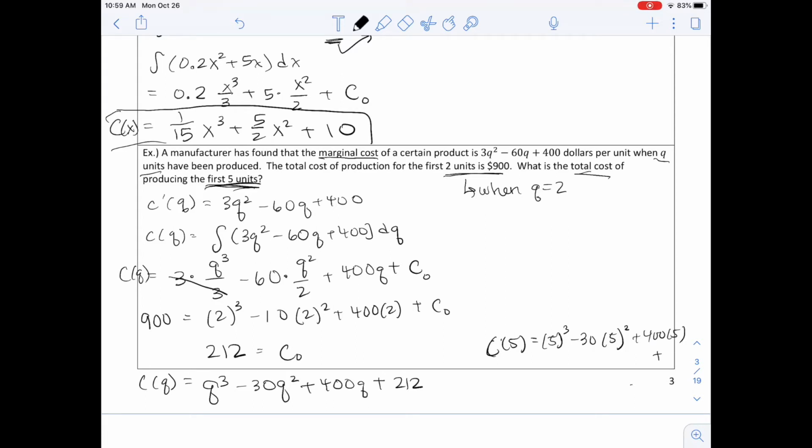And then also don't forget that fixed cost of $212. Working this out, we get a total of $1,587. So this says, what is the total cost of producing the first 5 units? And that's going to be $1,587.